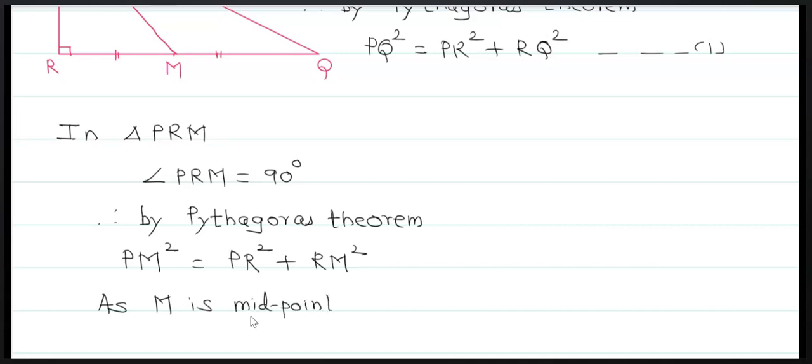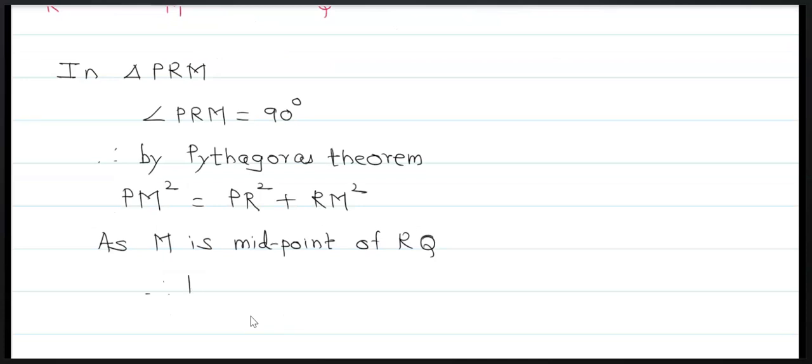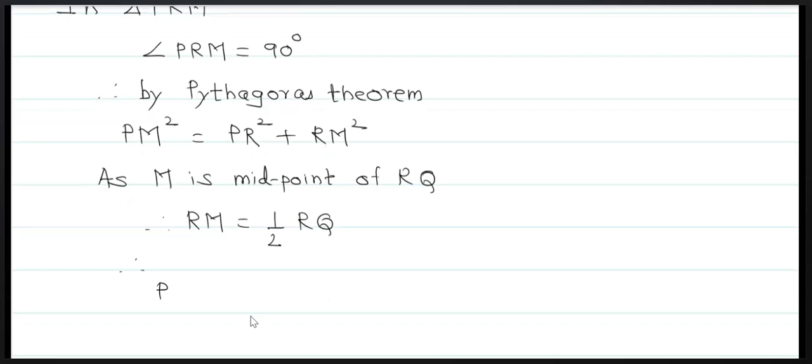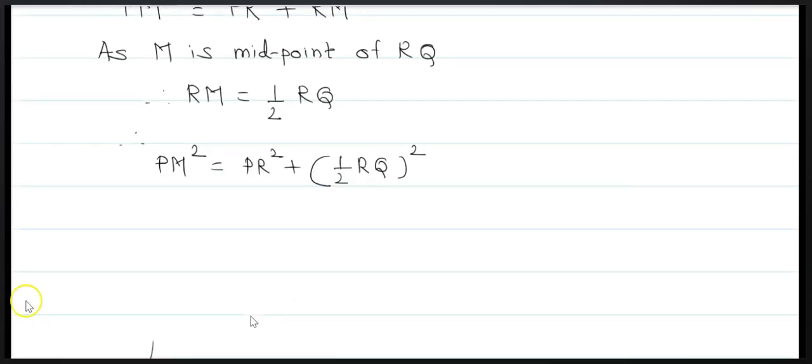As M is the midpoint of RQ, therefore RM is equals to 1 upon 2 RQ. Therefore PM square, that is RM is replaced by 1 upon 2 RQ, and therefore PM square is equals to PR square plus 1 by 4 RQ square.